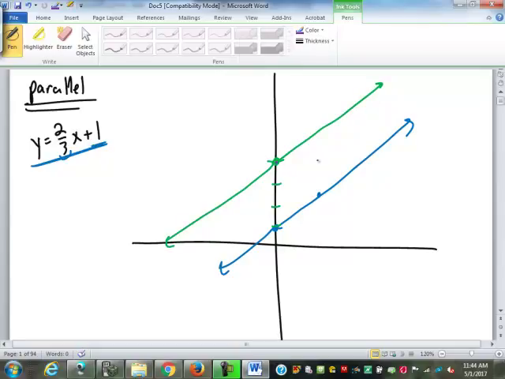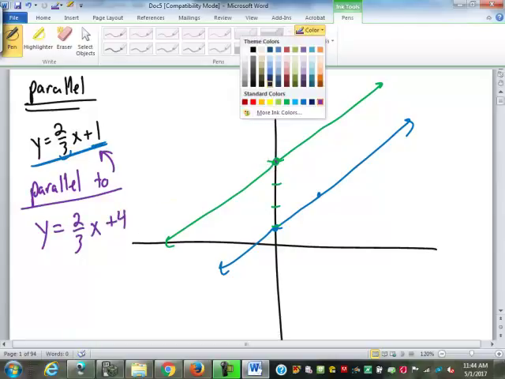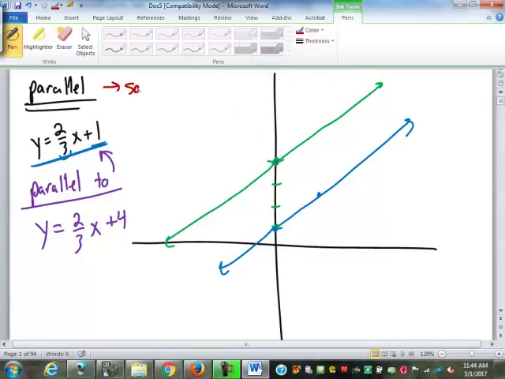And looking at them being parallel, I can tell the slopes must be the same. So the parallel line to that original line must be y equals still 2/3 x, because it has to have the same slope, but now it starts out at positive 4, so plus 4. So parallel lines have the same slope.